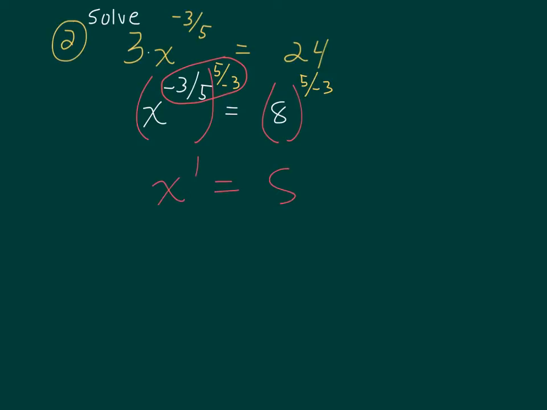And then we still have this 8 raised to the 5 over -3. And that negative you can put anywhere. You can put it with the 5, you can put it with the 3, or just in the middle somewhere. So let's first just jot down this whole reciprocal power idea.